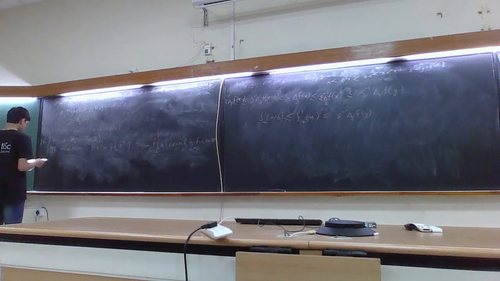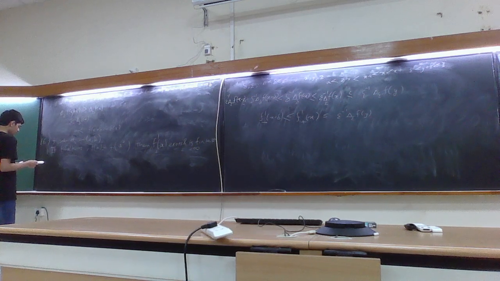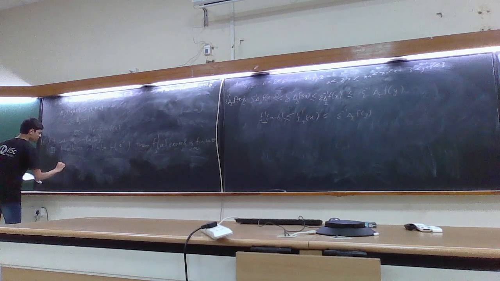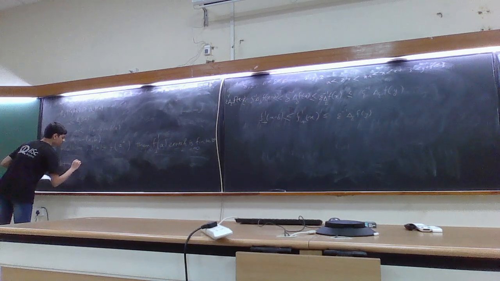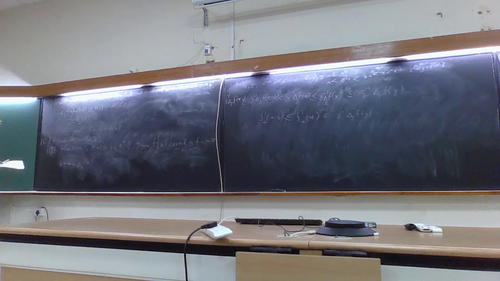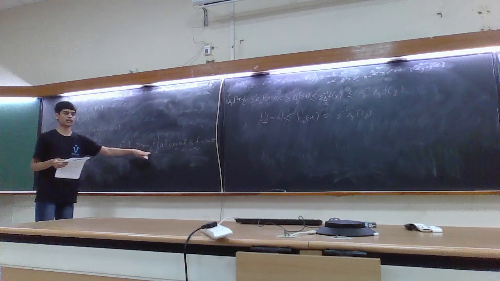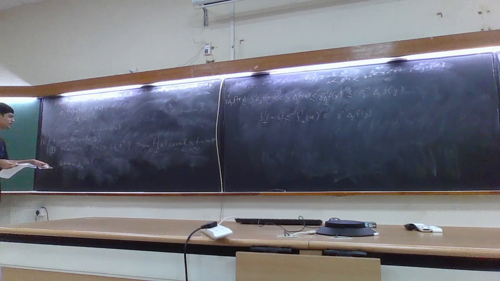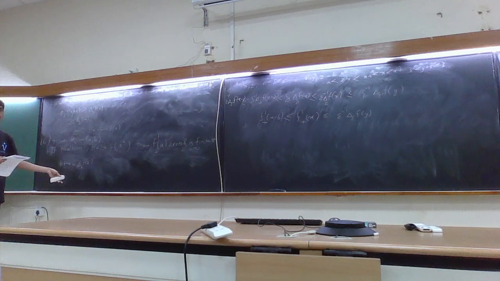So consider the map h going to h inverse delta h f of x. This is a non-decreasing function of h, and this quantity is the limit, as h goes to 0, of this difference quotient. As you take h going to 0, it's a limit of a monotonic sequence of functions, so it converges.